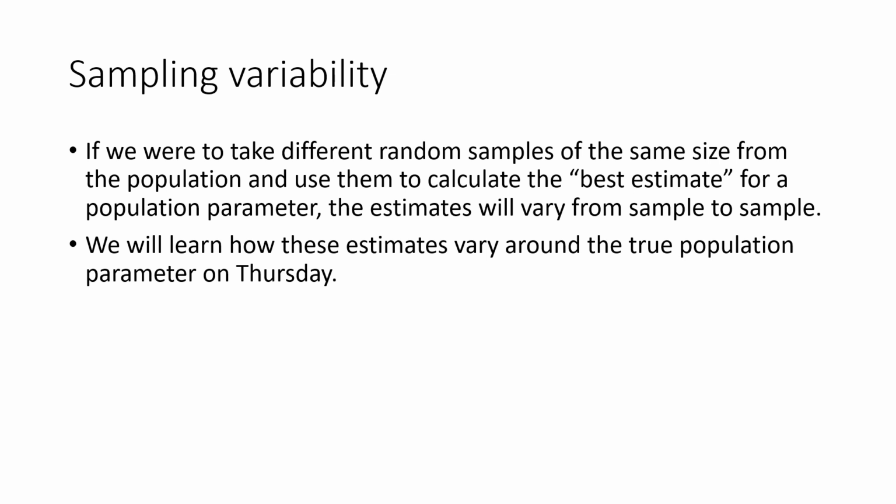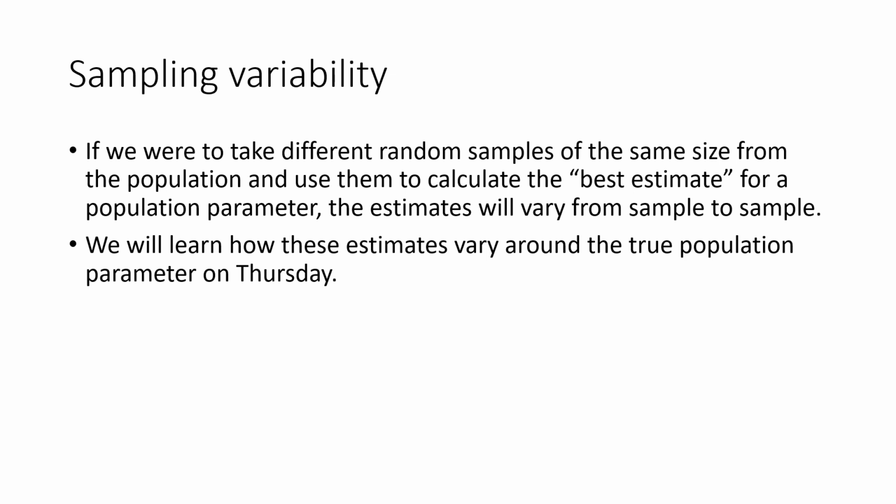Last thing I'll mention for today as a lead into Thursday's class is the idea of sampling variability. If we were to take different random samples of the same size from the population and use them to calculate the best estimate for a population parameter, the estimates will vary from sample to sample.